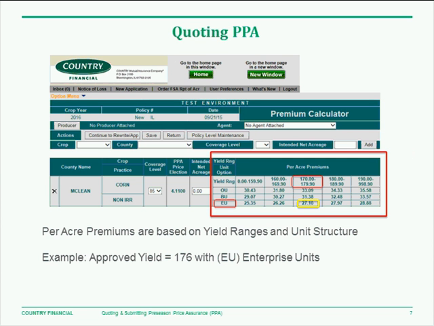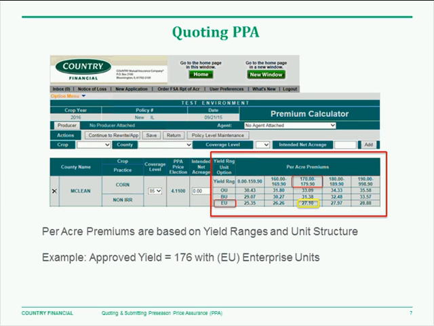The PPA quotes are per acre premiums, and they're based on yield ranges and the unit structure. So that approved yield on a federal crop policy, find where that falls in the range, and then what the unit structure is for the underlying federal crop. In my example here, I've got a 176 approved yield on the federal crop, and I have enterprise units.